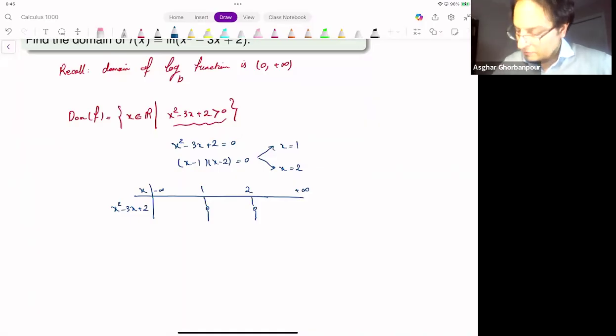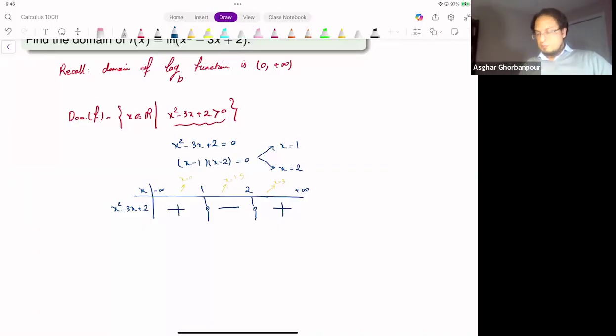Now I have to plug in sample points. For example, x equal to 3 here, x equal to 1.5, and then x equal to 0. If you do that work, you will see that this is going to be positive, this is negative, this is positive.